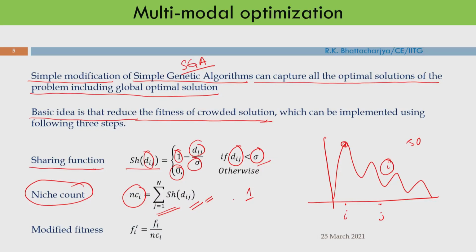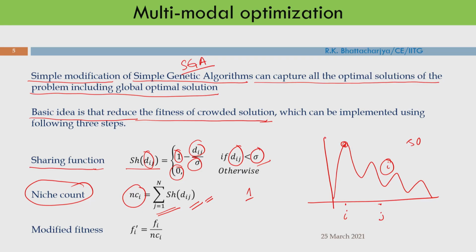So, the niche count can be 1 or more than 1. If the value is large, the solution is crowded, and if the niche count is 1, the solution is not crowded.